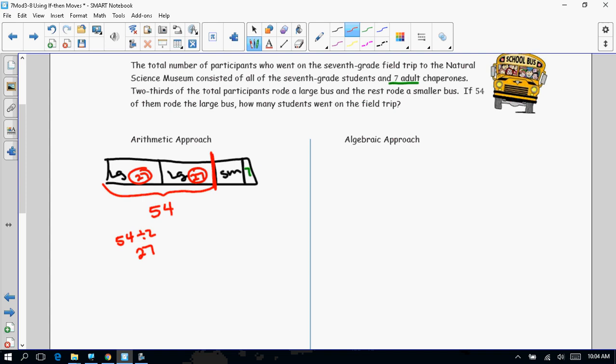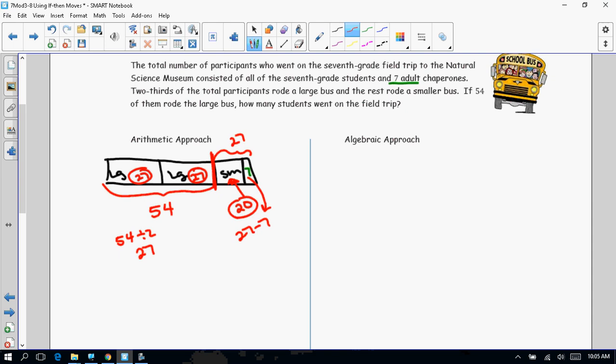Well, remember, this is all split into equal pieces, which means the whole small section has to be 27, right? But 7 of them are adults. So how many kids were on the small bus? That's going to have to be 20, right? 27 minus the 7 adults gives me my 20.